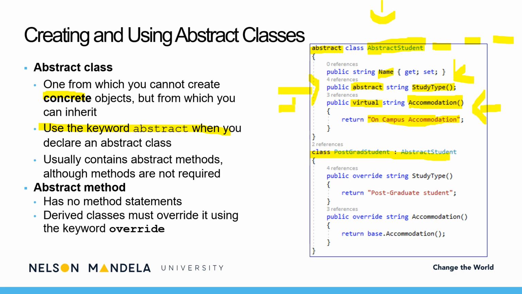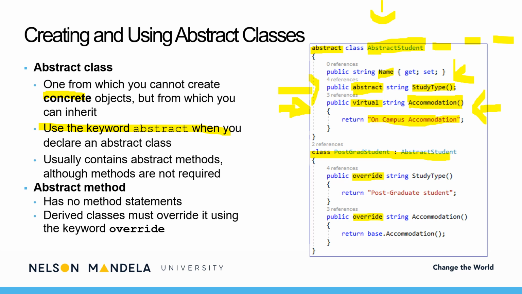The other notable difference between the two is that if a method is declared abstract, then you have to implement this method in the child class that inherits the class it's in. If a method is declared virtual, you have the option of implementing this method in the child class. For both methods, you use the override keyword.